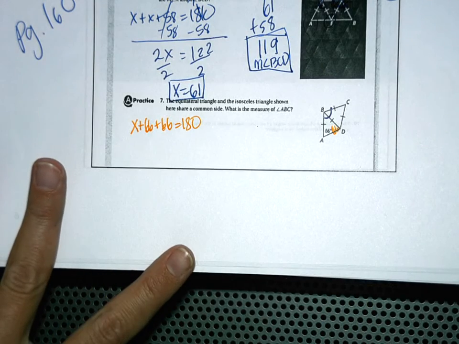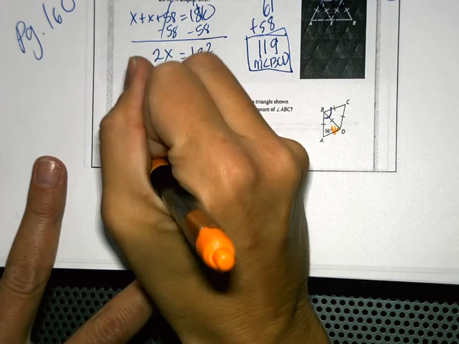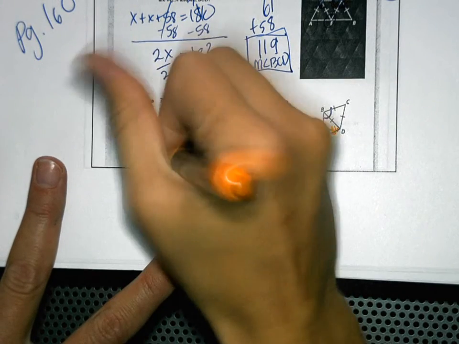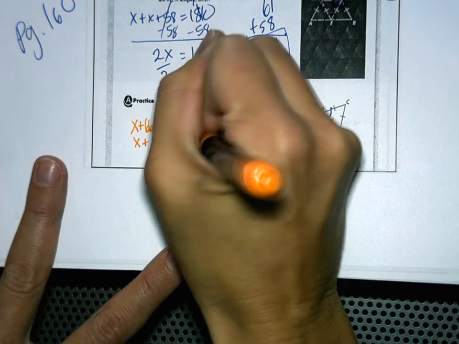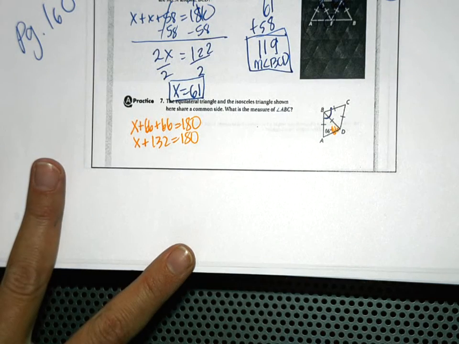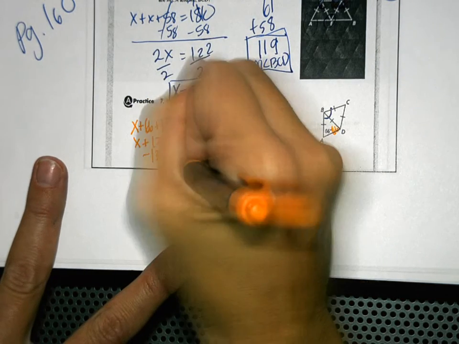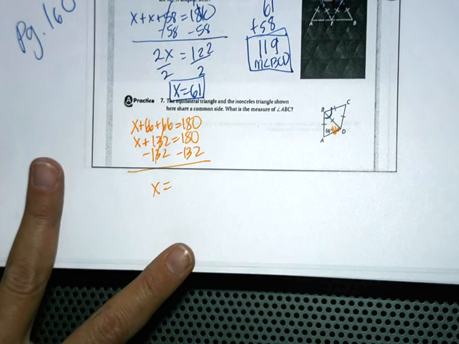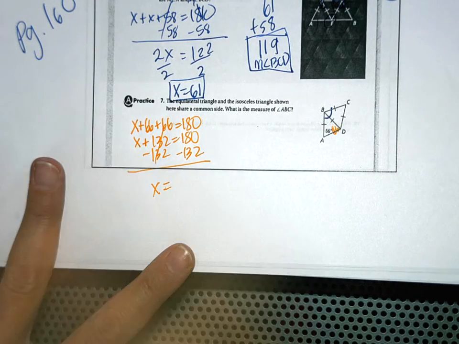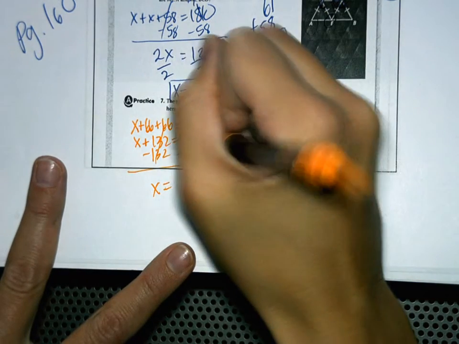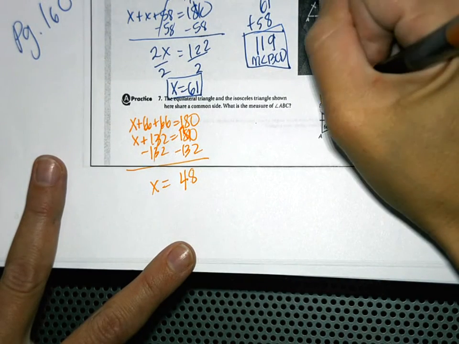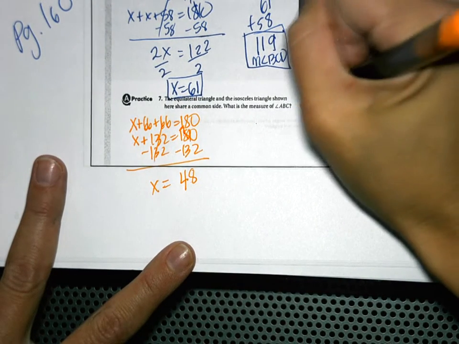Let's go ahead and solve there. What is 66 plus 66? Very good. And what would I do to get x by itself? Very good. And I find that x equals what? So we borrow, and 48 is correct. So that means right here, that portion is a 48-degree angle.